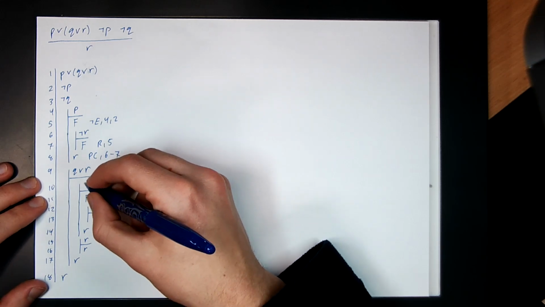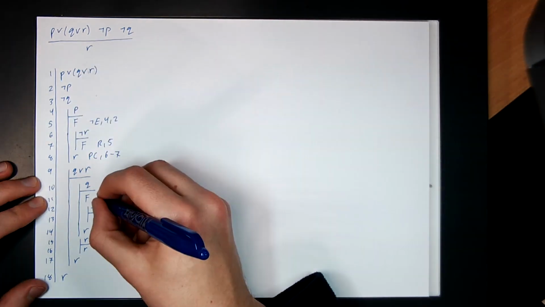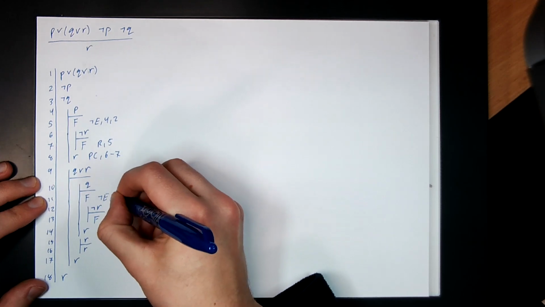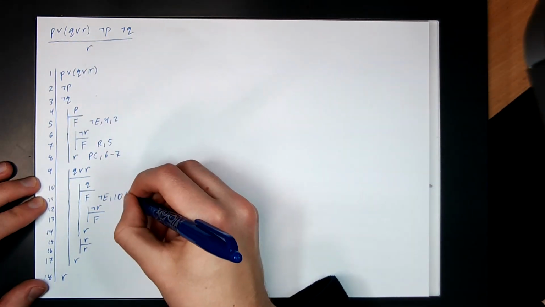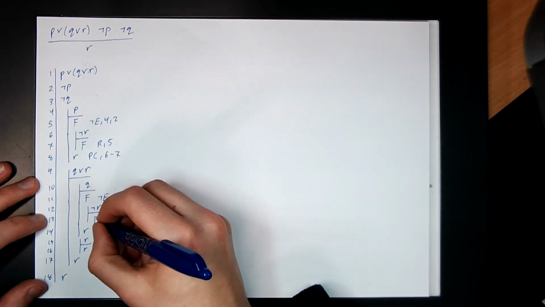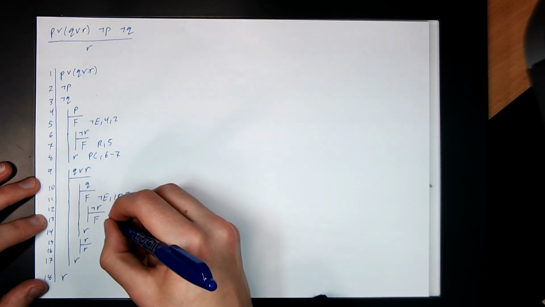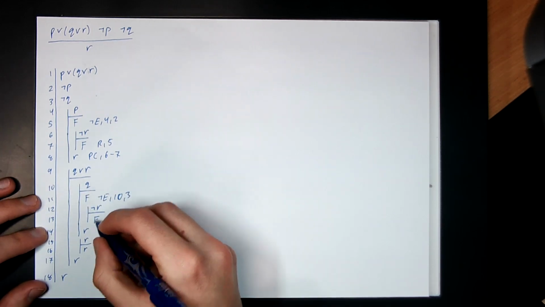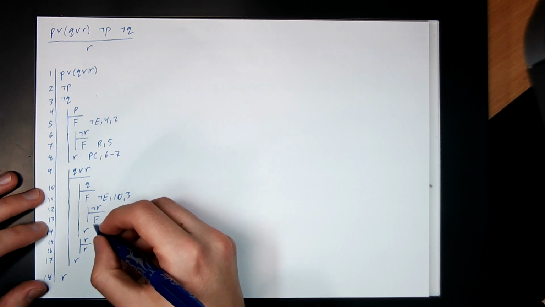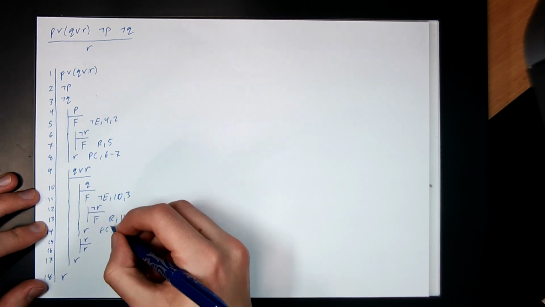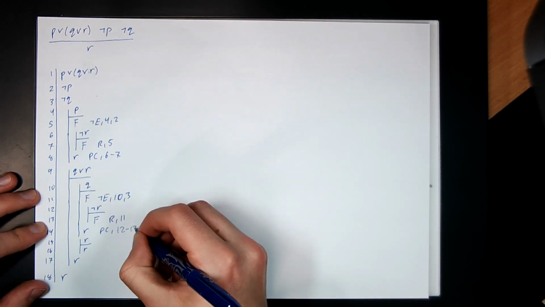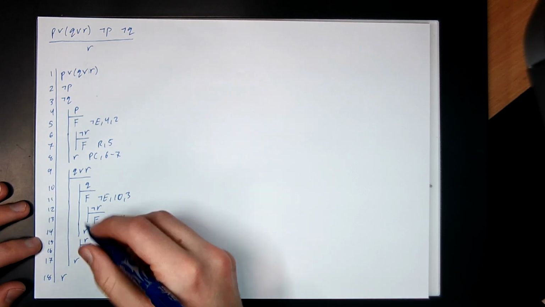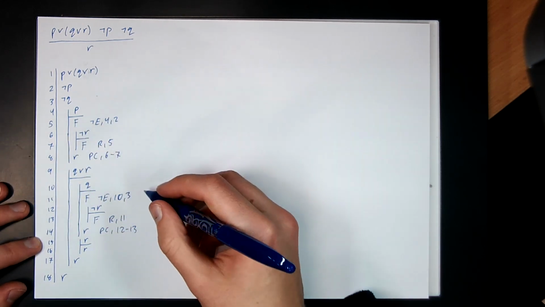That was an assumption. That's another assumption. False, where did that come from? Q and not Q. So negation elimination, lines 10 and 3. That was an assumption, and the false from above. Assume not R, derive garbage, therefore R. Proof by contradiction, lines 12 through 13. So that's one half of the OR elimination done.